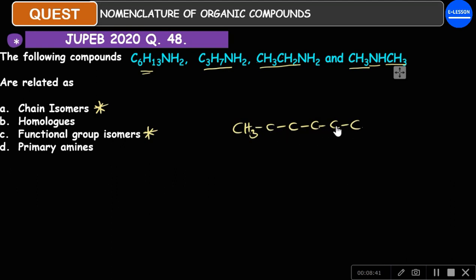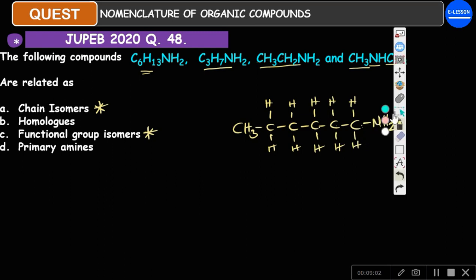Then hydrogen, hydrogen, hydrogen, hydrogen, hydrogen, hydrogen, hydrogen, hydrogen, and then we have NH2. That's the meaning of this structure you have here.